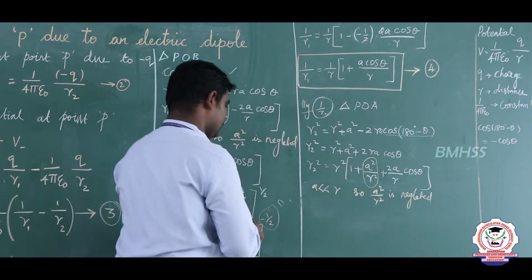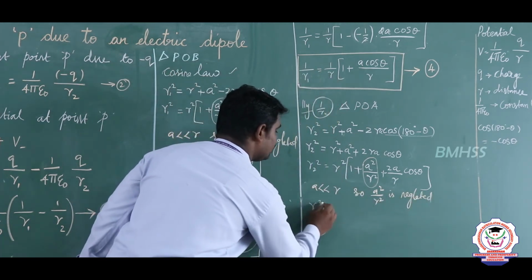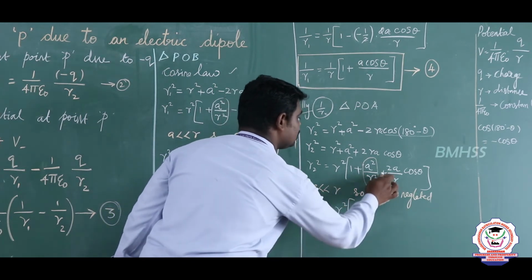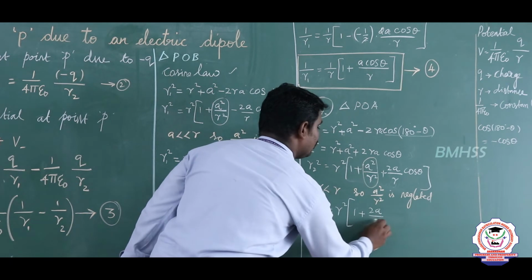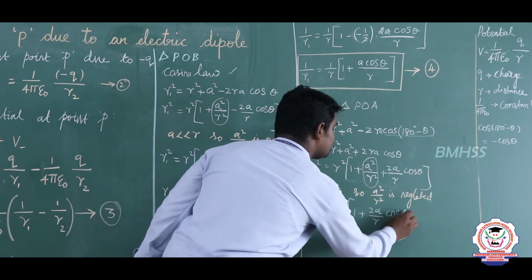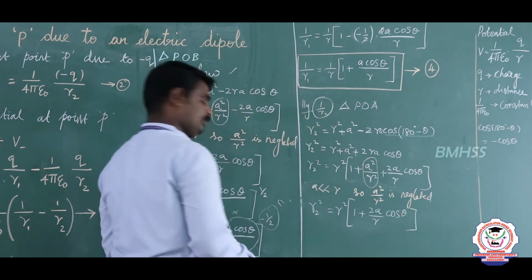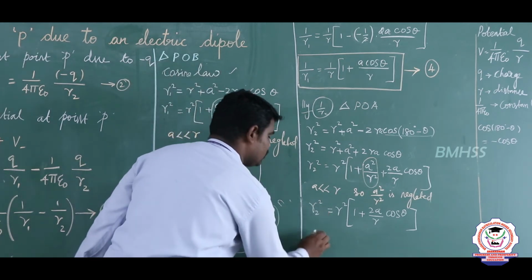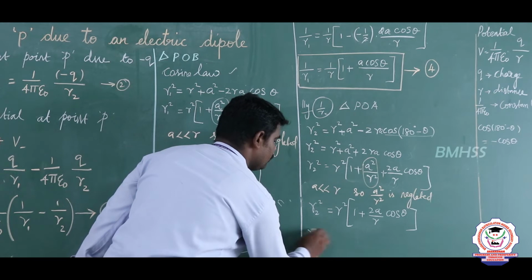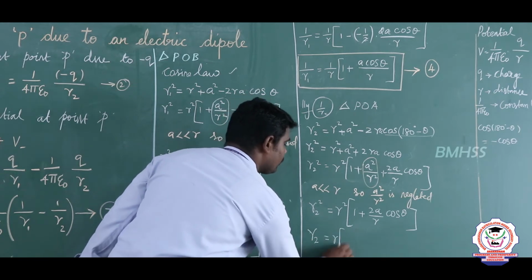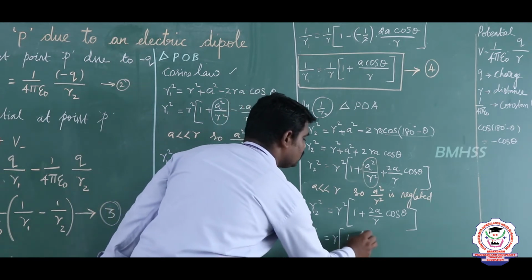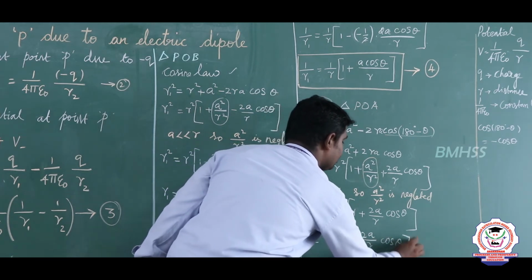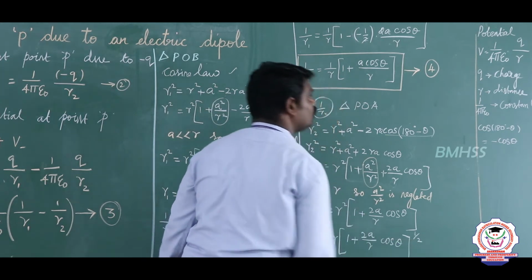So remaining terms, R2 square is equal to R square into 1 plus 2A by R into cos theta. Next, take root on both sides. R2 is equal to R into 1 plus 2A by R cos theta, the power is 1 by 2.